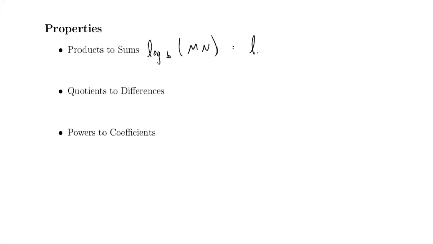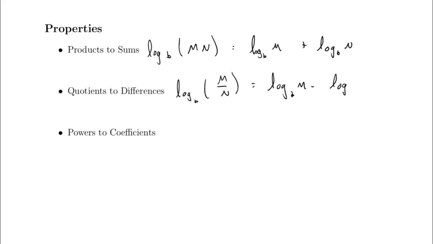So they turn a product of things into a sum of separate logarithms. And we saw this in the last example of the last video, right? That was a really helpful thing. Similarly, with quotients, they turn those things into differences. And then lastly, they take exponents and turn them into coefficients.